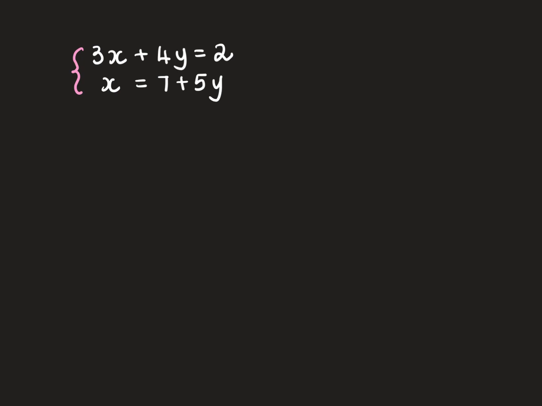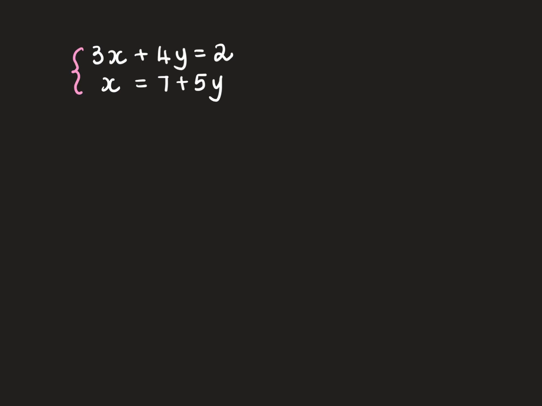Firstly, I look at the equations and I see that the first equation tells me that 3x plus 4y is equal to 2. This means 3 lots of one number plus 4 lots of a second number gives me the number 2. The second equation tells me that x is equal to 7 plus 5 lots of y.